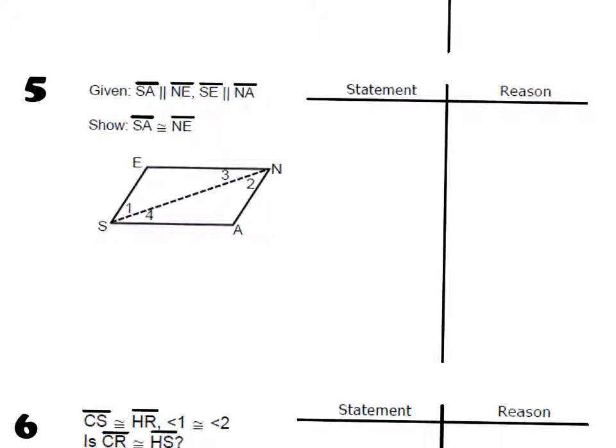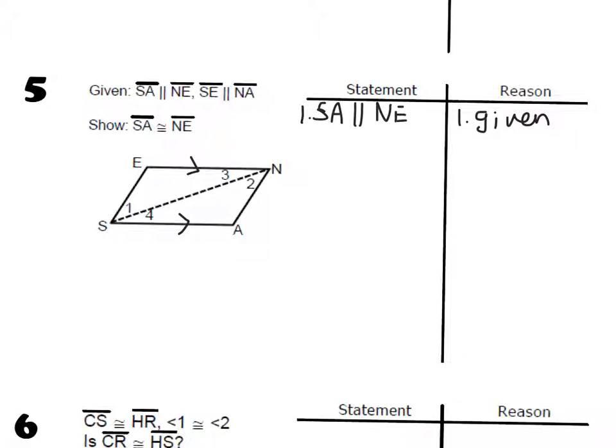Number 5 gives us some parallel lines. So we know SA is parallel to NE. And that's given.